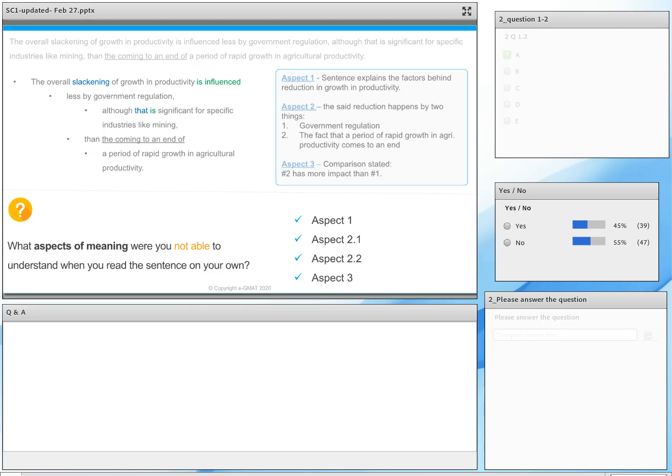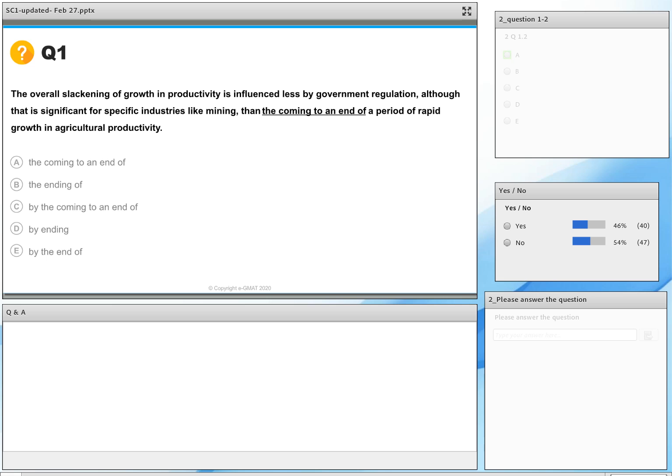Okay, so now that we've discussed this meaning and we've discussed these aspects, I want to give you all a chance to try your hand at this question again. So go ahead and click on Still Solving. Well, you guys are just going to jump right in. But go ahead, I'm going to give you about a minute to see if you want to change your votes based on our discussion here.